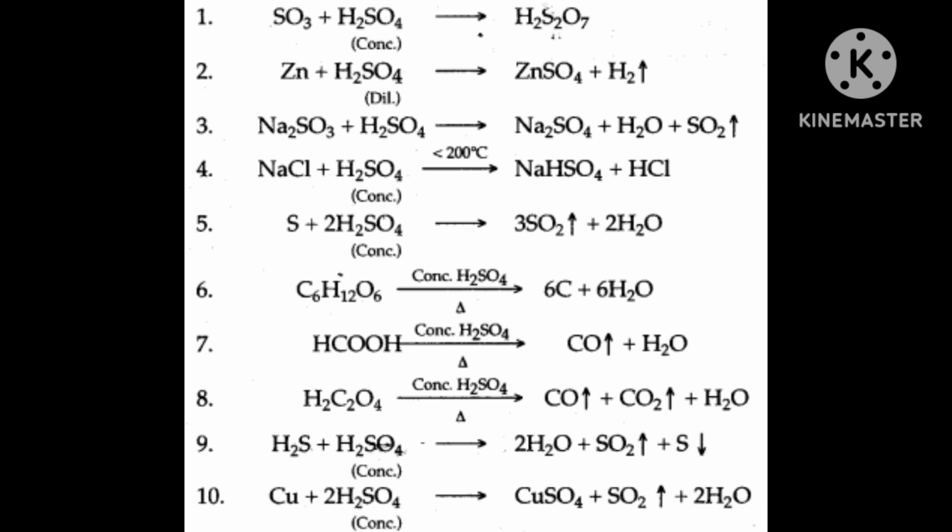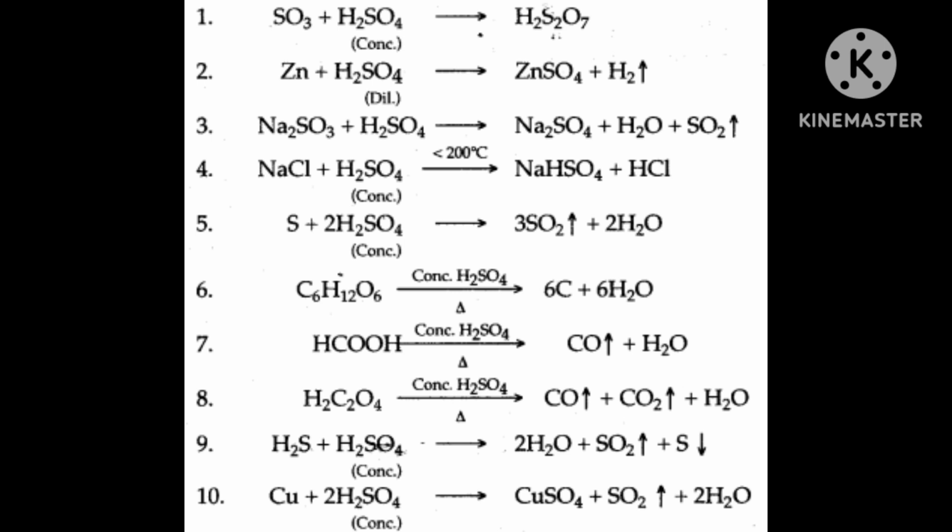The dissociation constant Ka of H2SO4 is very large, greater than 1. This is the first ionization, Ka1.